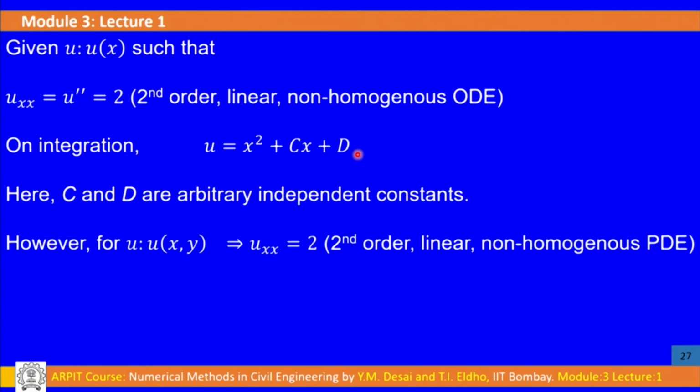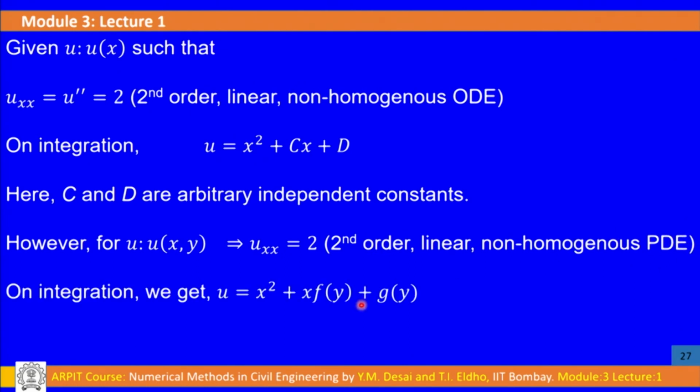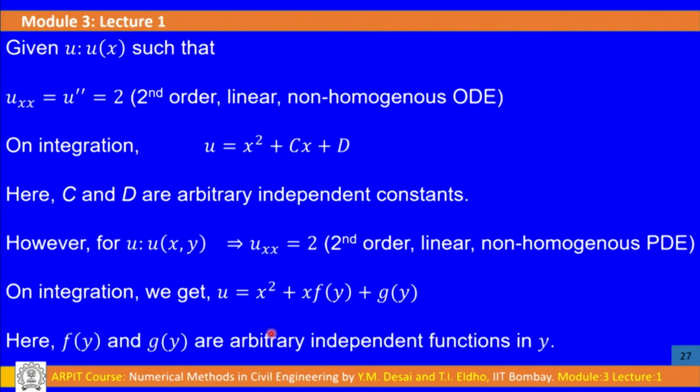On the other hand, if u is a function in x and y, and we are given the same fellow, u x x equal to 2, this is a second order linear non homogeneous partial differential equation, and its solution, instead of c and d, now has arbitrary functions f y and g y, both continuously varying with respect to y.